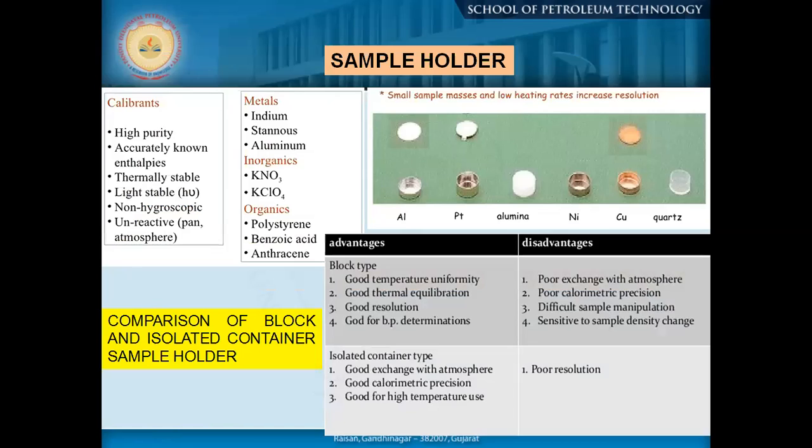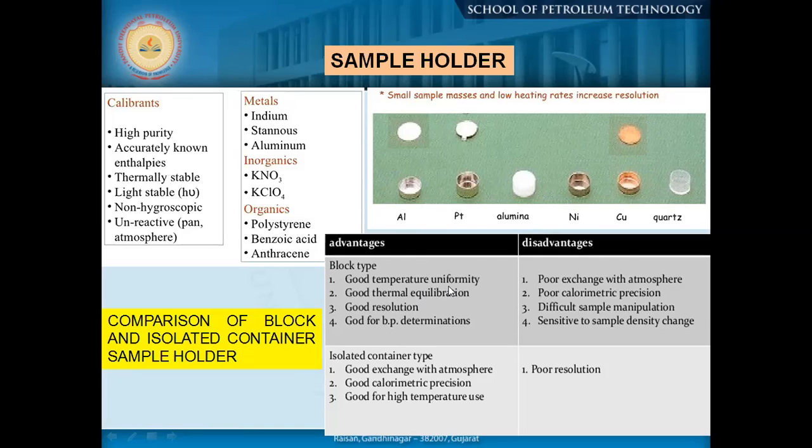Here we have displayed some calibrants. You have different types of sample holders, you have different metals, you have inorganics, you may have an organic sample chamber, and you may have different types of sample holders. Depending on the type of sample holder, you may have different advantages and disadvantages for the thermal data you are trying to get.